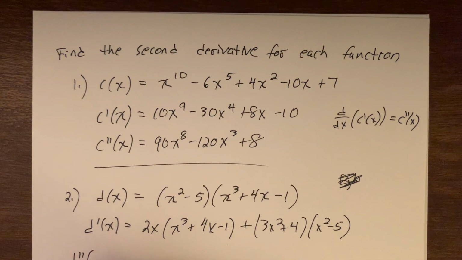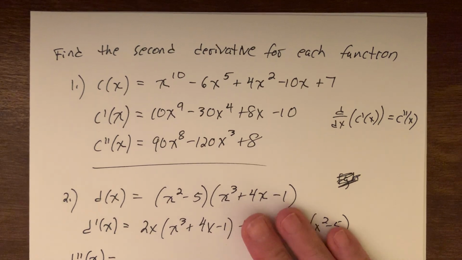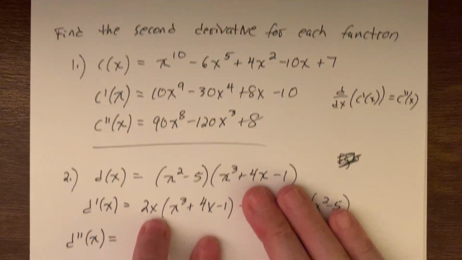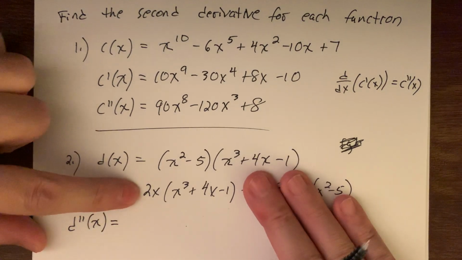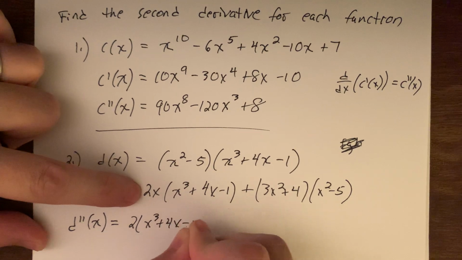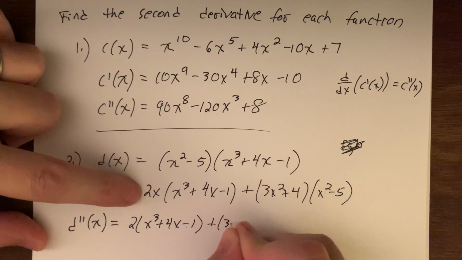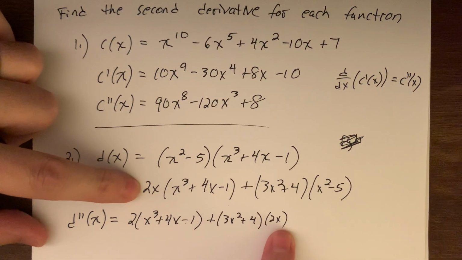But if you're getting enough practice with product rule, this is not the easiest problem, but it's not that bad either. So just focusing on these 2 pieces. Just these 2. First, second. Derivative of the first, original second, plus derivative of the second times original first.